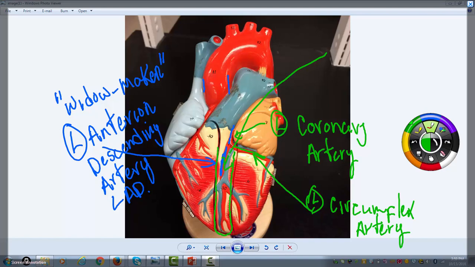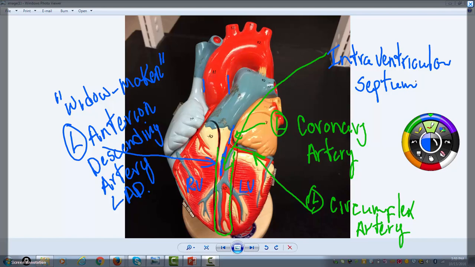Anything that separates cavities in the body is referred to as a septum. You have a piece of cartilage that separates your right and left nostril, called your nasal septum. In this case, this big piece of muscle separates the right ventricle and the left ventricle, and that's called the interventricular septum. It's muscle, so it contracts.